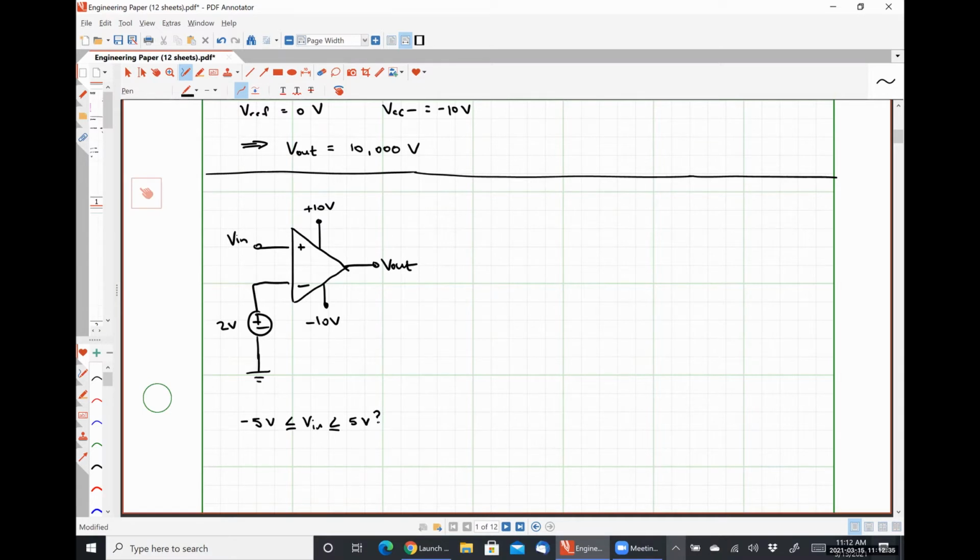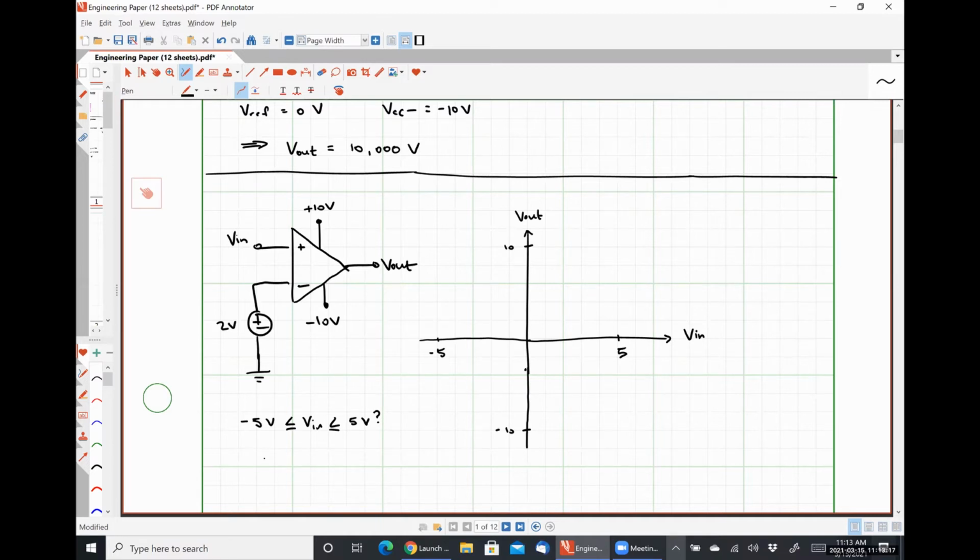I'll draw a picture here. So here is Vin, here is Vout, 10, minus 10, minus 5, positive 5.